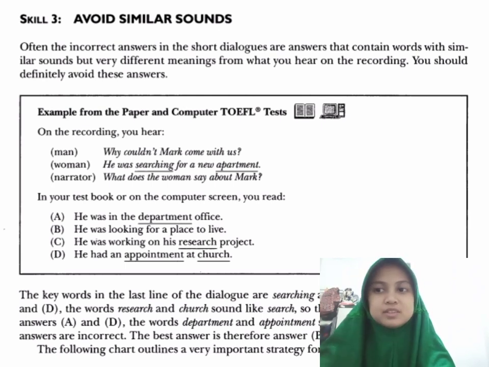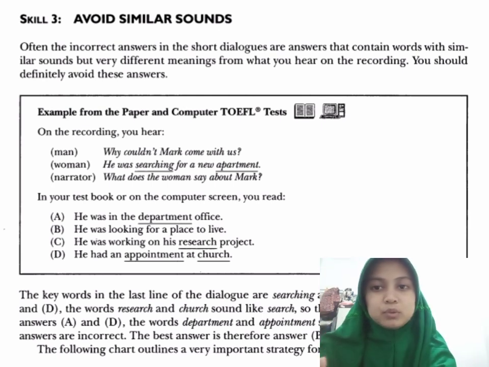For example, the first speaker, the man, says, "Why couldn't Mark come with us?" Then the second speaker, the woman, says, "He was searching for a new apartment." Then the narrator asks, "What does the woman say about Mark?" Then we have some choices.